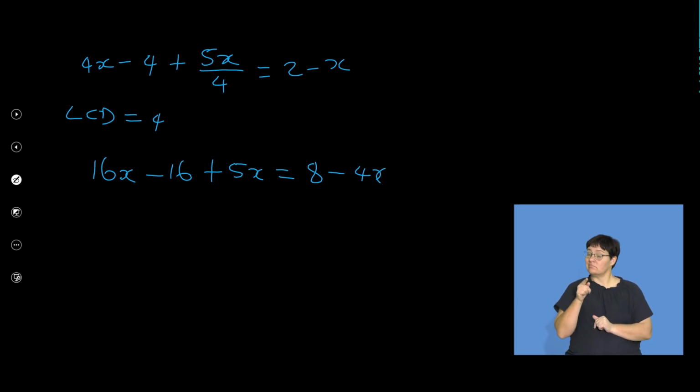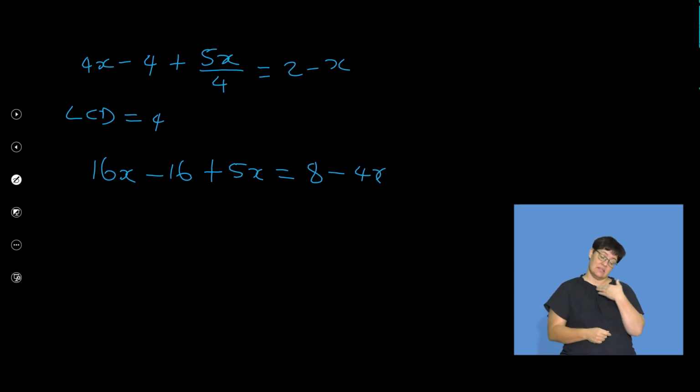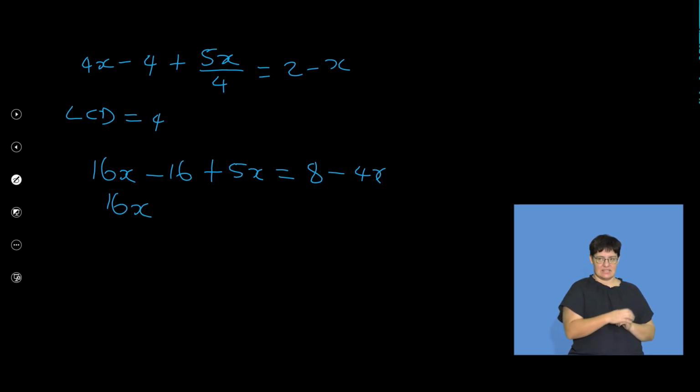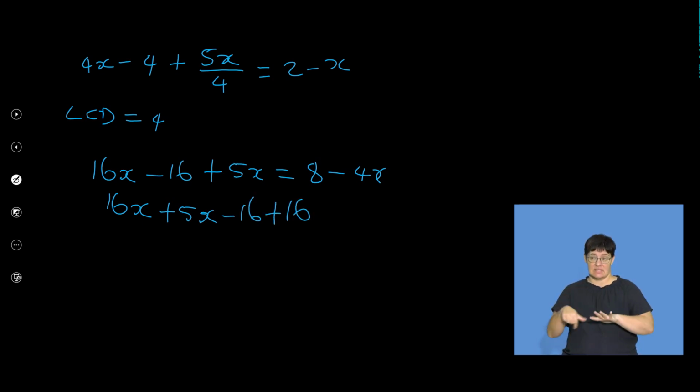Here, now you can see that this is definitely a linear equation. So what do we do? Everything that has x goes to the left, everything that is a constant on its own goes to the right. So I will start with constants and then follow with the x's. This will be 16x plus the 5x, I'm just going to group them, minus 16, then plus 16, equals 8 minus 4x plus 16.